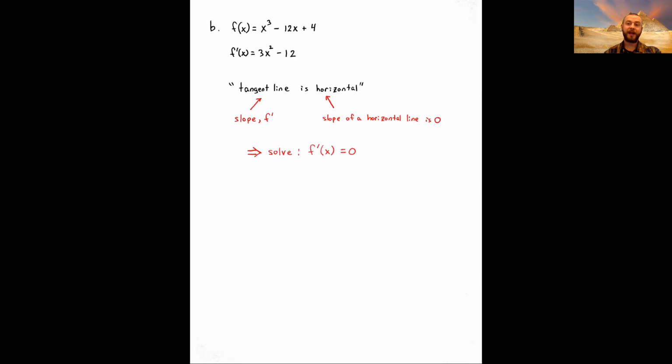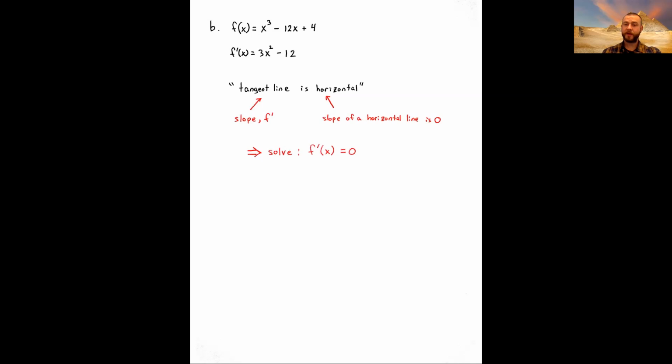This is our first time encountering this, but solving f prime of x equals 0 is a central topic in a lot of different questions in calculus. So we're going to keep coming back to this: set the derivative equal to 0. Here, we're doing so because we want to find where the slope of the tangent line equals 0, the slope of a horizontal line.